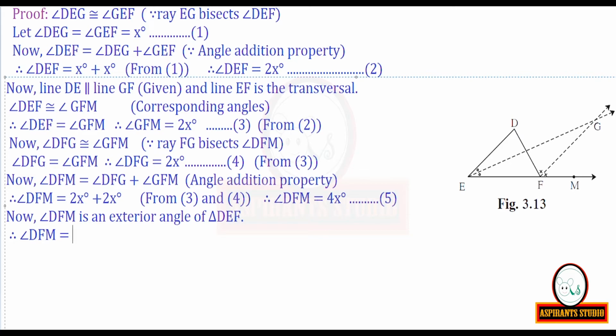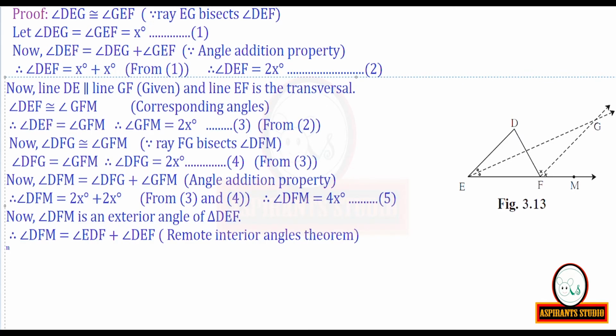Because angle EDF and angle DEF are the remote interior angles of triangle DEF when angle DFM is the exterior angle. According to the remote interior angles theorem, the measure of the exterior angle will be equal to the sum of the measures of the remote interior angles.